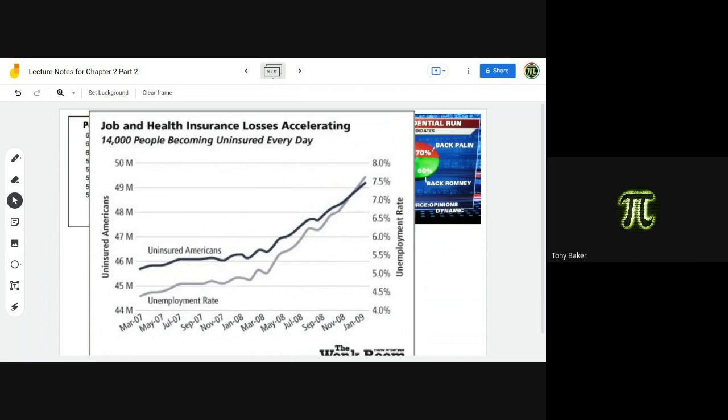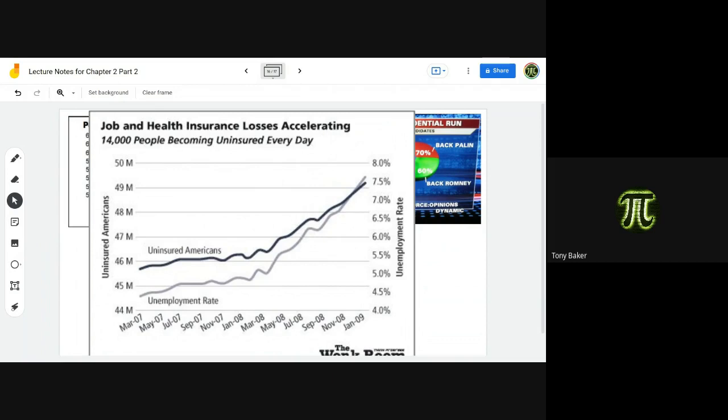That's the correlation. And back in 2007 and 2009, there really was a correlation. Most people, even today, get their insurance from their jobs. I think that needs to change. I don't necessarily agree with how they're changing it, but that definitely needs to change, because you shouldn't have to stay at a job just to keep your insurance, which some people have to do.